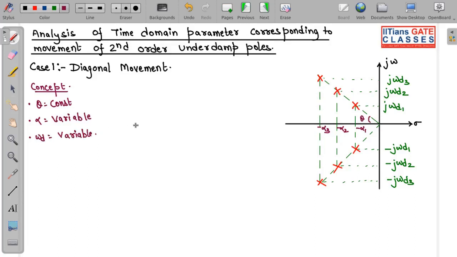So out of these three parameters, theta is constant, alpha is variable, omega d is variable. If theta is constant, that means theta 1 is equal to theta 2 is equal to theta 3 is equal to theta. Theta 1 is the angle of inclination for the first system, theta 2 for the second system, and theta 3 for the third system. If these three angles of inclination are the same, your zeta values are also going to be the same.